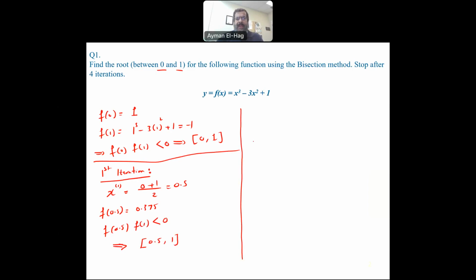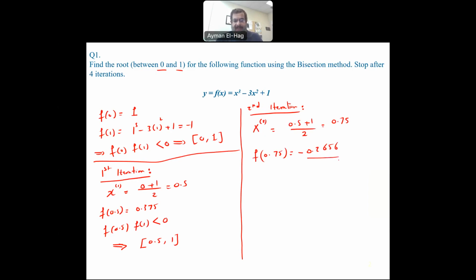So now let's go for the second iteration. And again, now we will take the average value between the two new interval ends. So my x of the second iteration will equal 0.5 plus 1 divided by 2, which will give me 0.75. Again, I want to find f of 0.75, and this equals minus 0.2656.